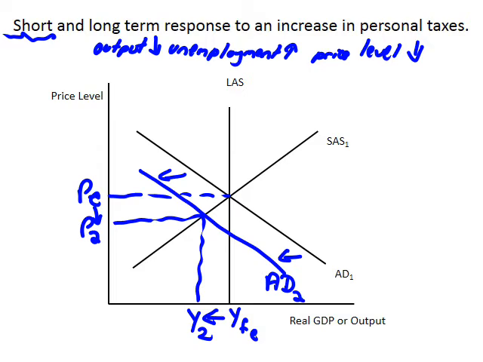People are looking to find employment, those who are unemployed. And at this new point of equilibrium, there is now a downward pressure on wages. So in the long run, we now have downward pressure on wages.